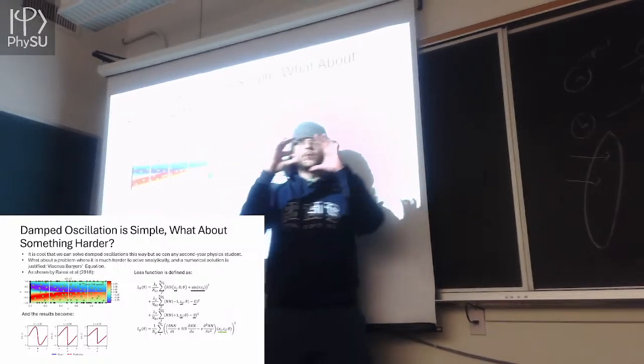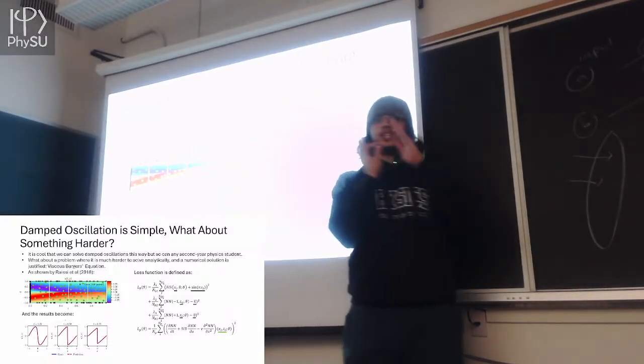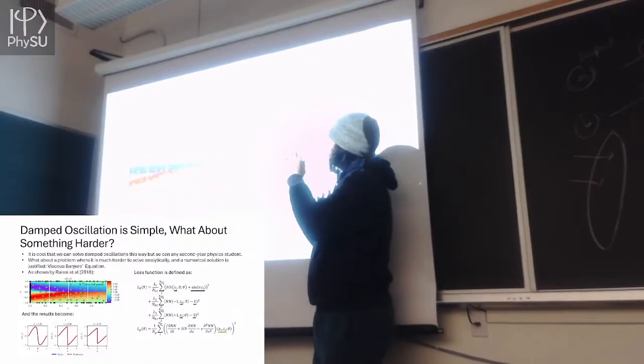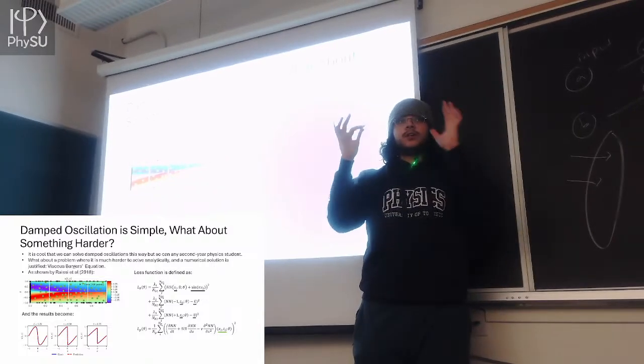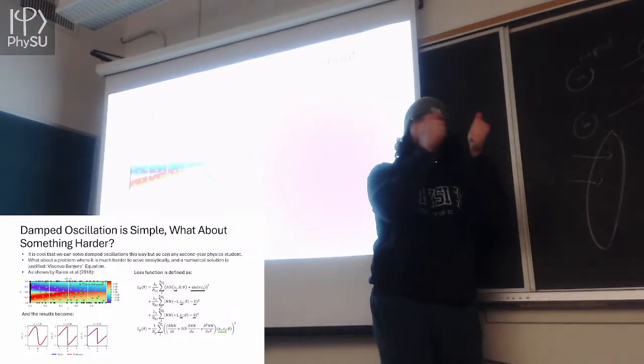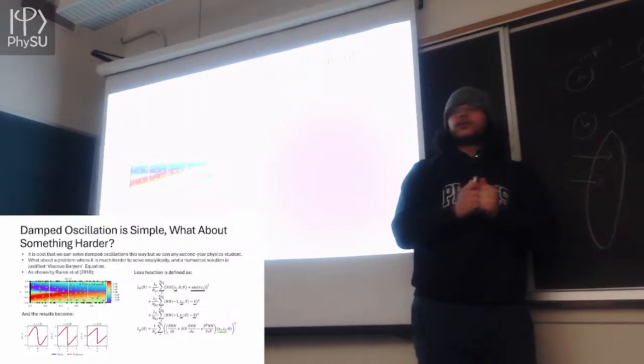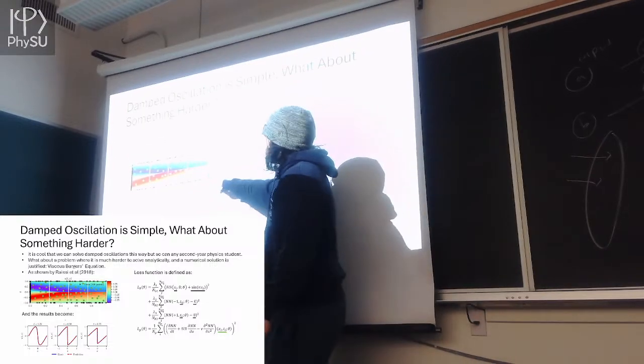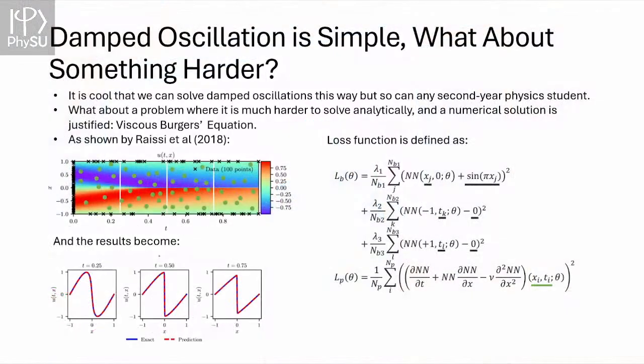We have this single-dimensional, but changing in time, question of, if you have an initial wave and then you let it evolve while obeying the viscous Burgers' equation, which is a different equation from fluid mechanics. Anyways, we can actually use our PINNs to get a solution for this.